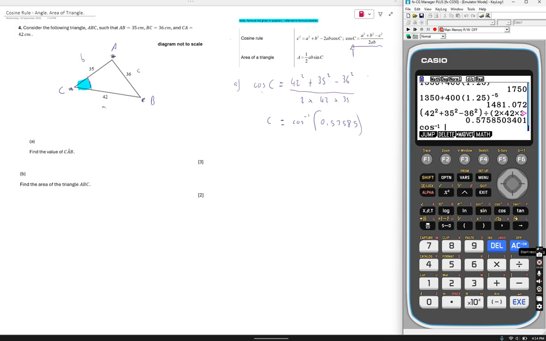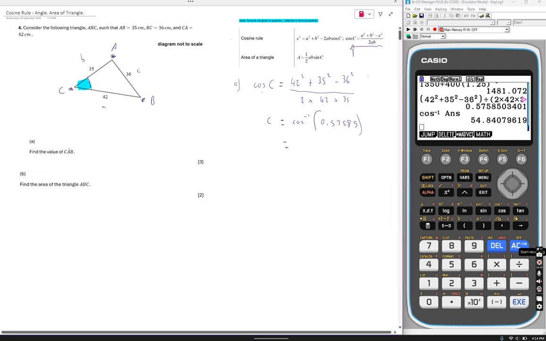And now I'm going to press shift and then the answer button. I press equals, and we get 54.9 degrees. Oh, sorry, no, we don't. We get 54.8. My mistake. 54.8 degrees.